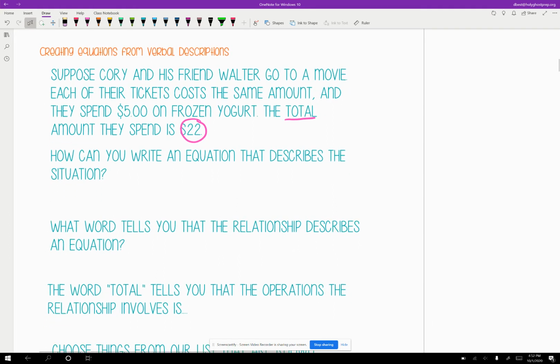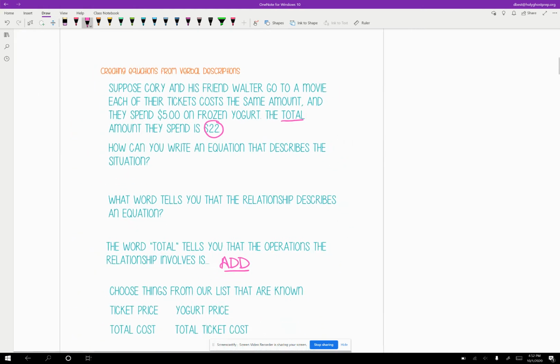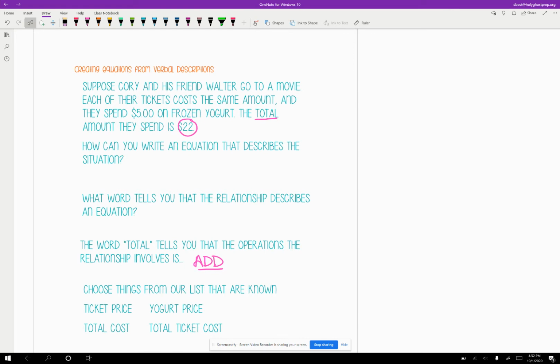So think about if you ordered a bunch of hoodies and t-shirts for your soccer season and warm-ups, and how would you come to the total? So you would have to add together all the things you spent money on, right? So a total means you're going to find the sum.